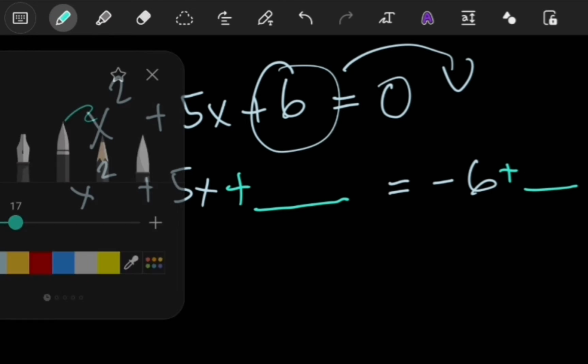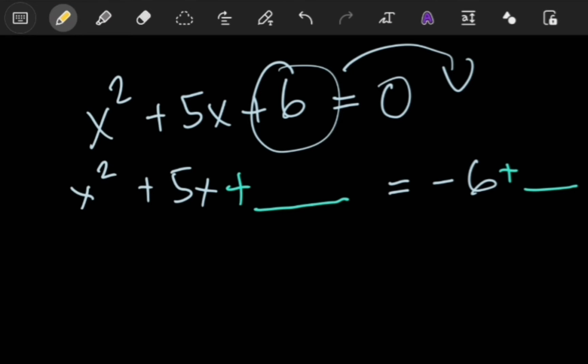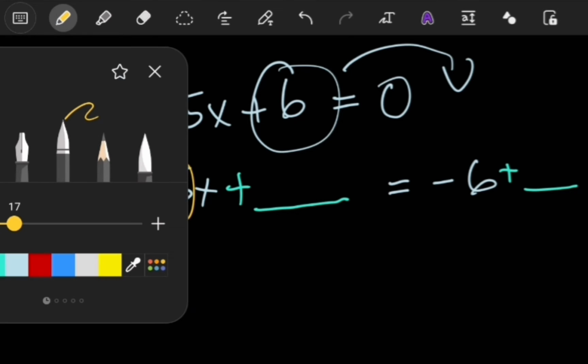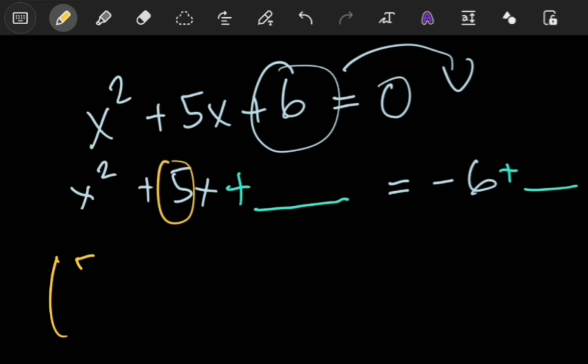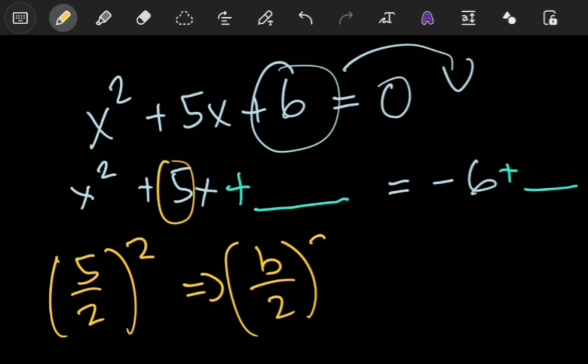Well, we have this identity that the numerical coefficient will be used to find the square here, and that is 5/2 squared. Or in other words, if you want to know the general form, that is b/2 squared.